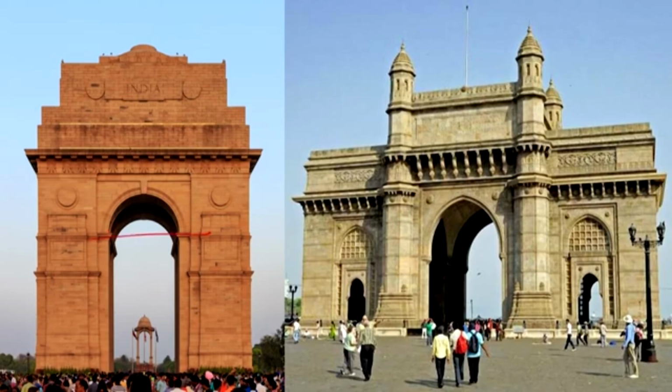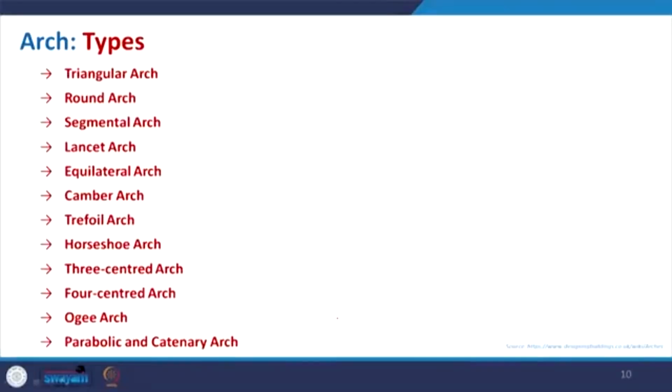In this case it is more semicircular, but in this case it is something different. They are creating a point, so it is a pointed arch. At the same time, if you take this one, it is an equilateral arch that we will discuss, and then different ornamentation, other types of arches, and segmental arches we will discuss there.